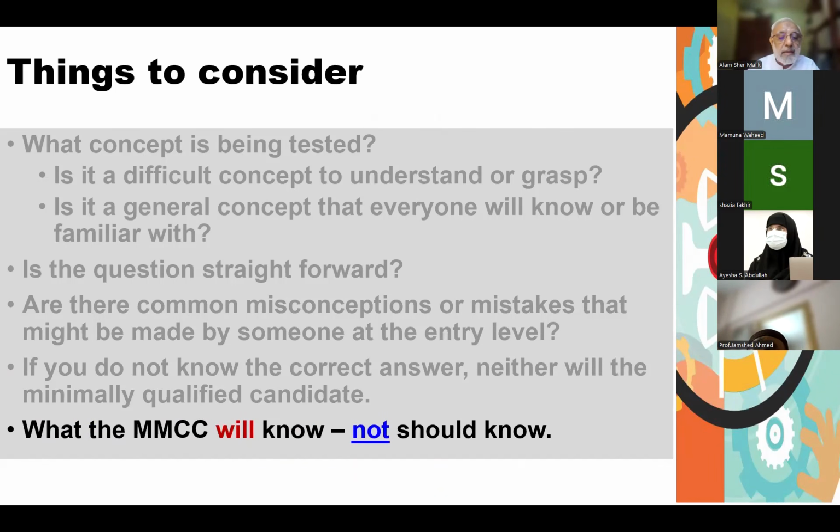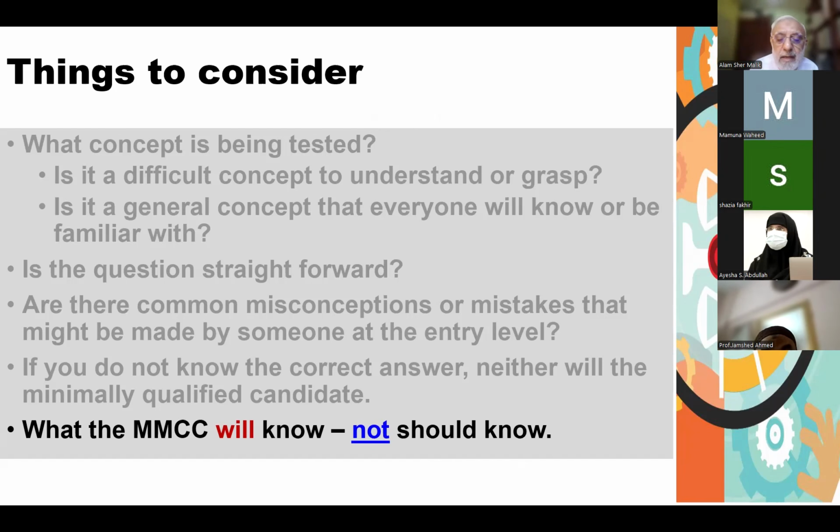And then here, again, a very important statement to my mind: what the MCC, a minimally competent candidate, will know, not should know. I think when SMEs are working on each item one by one, it should be whether the candidate will be able to answer or will not be able to answer.